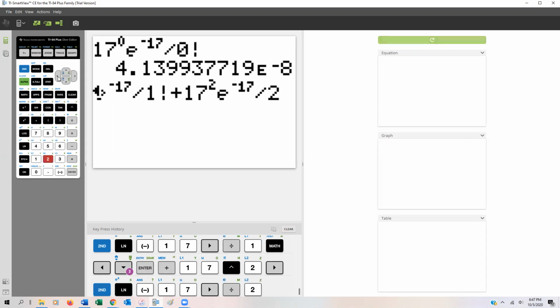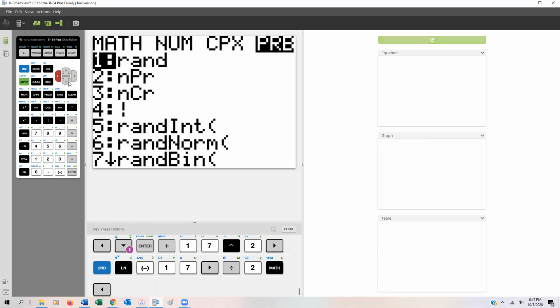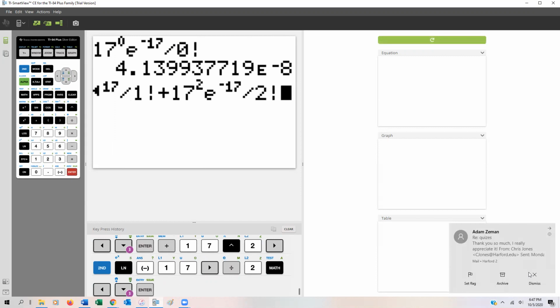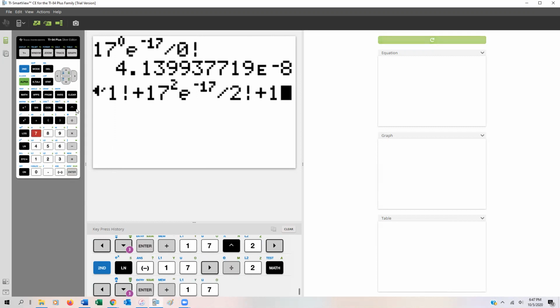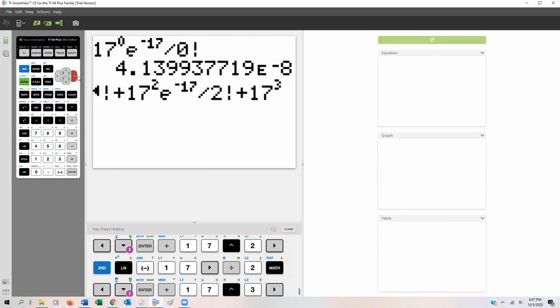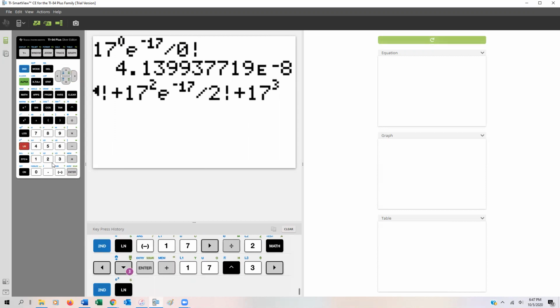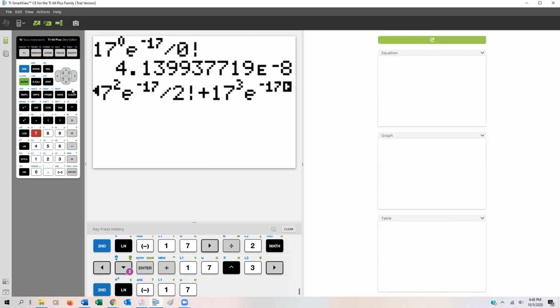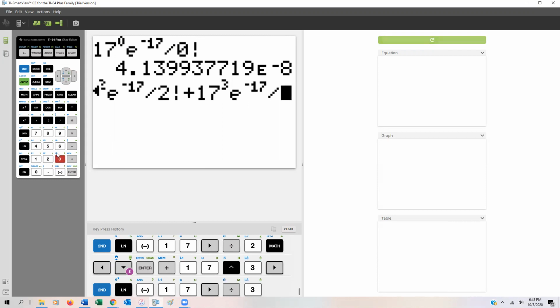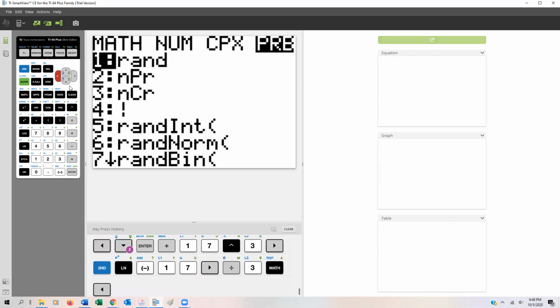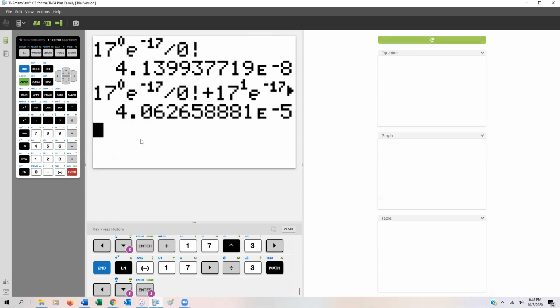We know that 2 factorial is 2, but we'll just type it in as 2 factorial. Hopefully we're not making any syntax errors. And finally, plus 17 to the third, e to the minus 17, divided by 3 factorial. It's going to be a pretty small probability. This is what we end up with: 4.063 times 10 to the minus fifth.